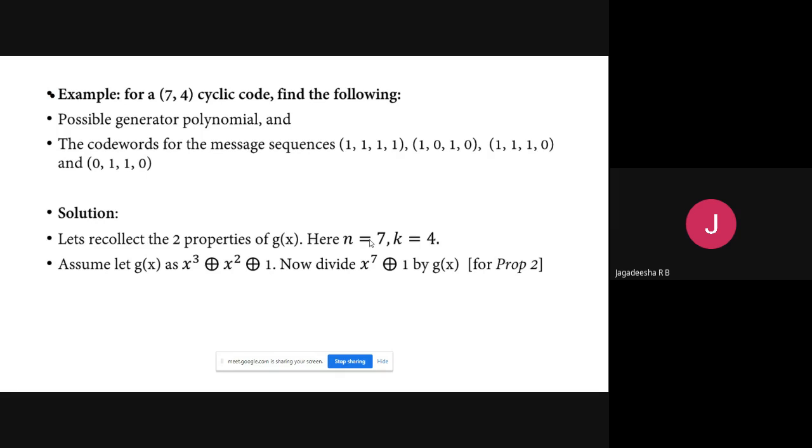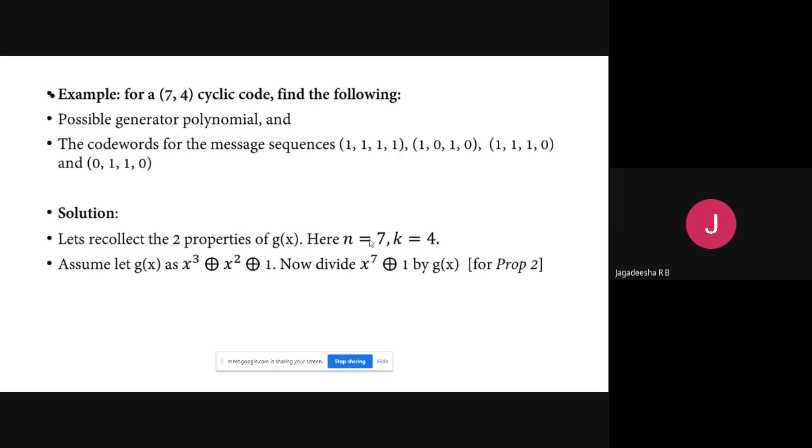That's why I have written here x power 7 plus 1. So we have assumed some generator polynomial randomly as x cube plus x square plus 1. We have to check whether this generator polynomial is a factor of x power n plus 1, that is x power 7 plus 1. Is it so? That is the second property we are verifying.